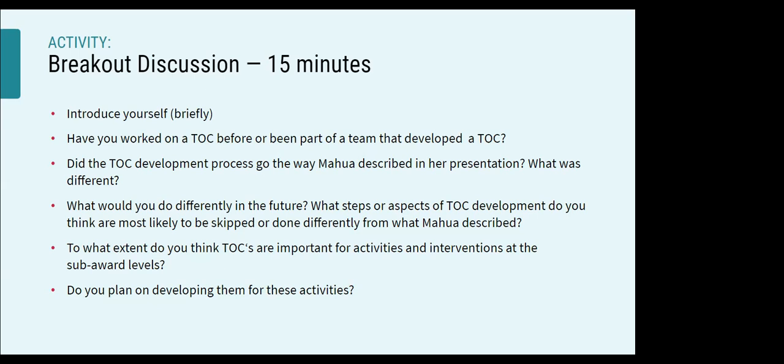And participants have done work to try to make sure that the project understands that it's really for the project itself, and to help guide the activities that the project is doing, so that they can lead to the outcomes, and that it shouldn't be owned only by an M&E team, but it really should be owned by all of the project staff.